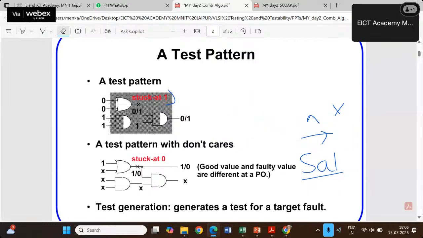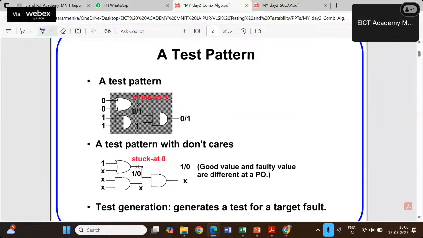The fault is somewhere in the intermediate, so it is difficult to control. If this is stuck at 1, my job is to make it 0. If I am not able to make it 0, I am not able to activate this fault. So the first job is to activate the fault.